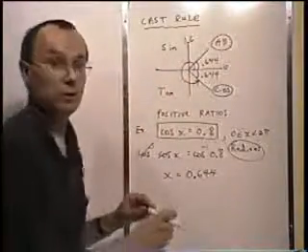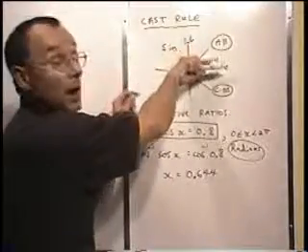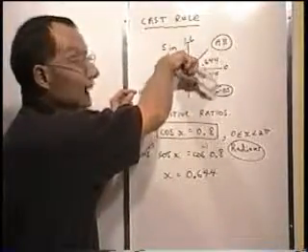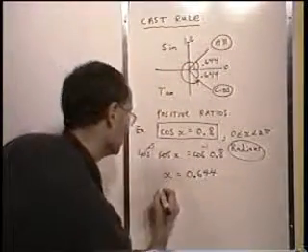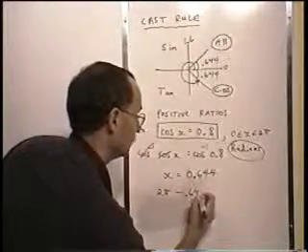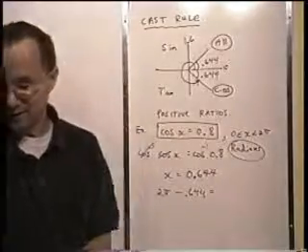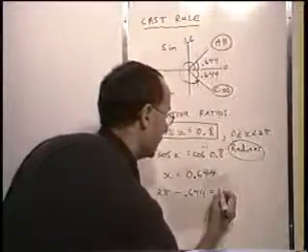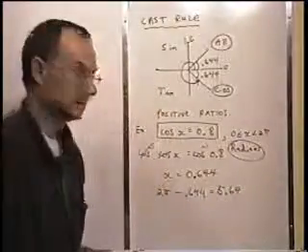The easiest way to do that, I find, is to just think a complete rotation is 2 pi, and then I subtract or back it up by 0.644. So what I'm going to do is 2 pi minus 0.644. And I worked that out earlier on the calculator, and you should get 5.64, working to 2 decimal places.